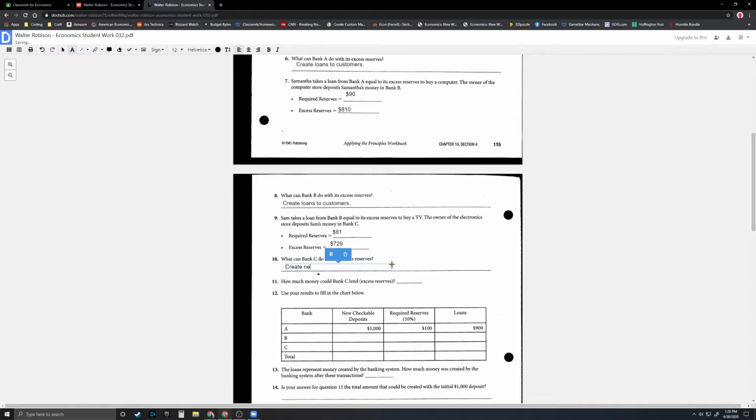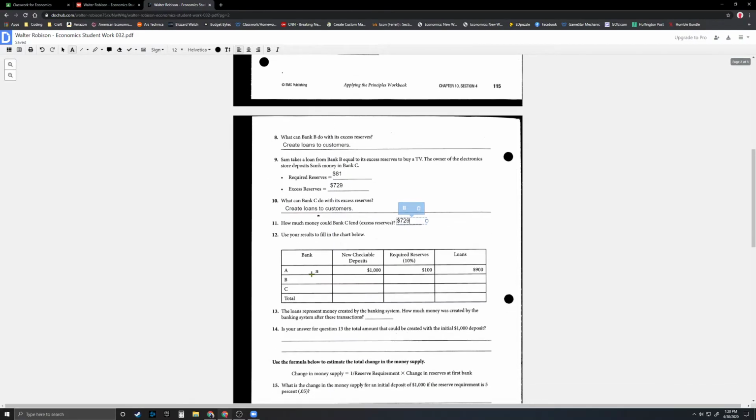Create loans for customers, to customers, whatever. All right, so how much money could Bank C lend? Like what are its excess reserves? It's $729, just like you have on question 9, right? So it's $729.